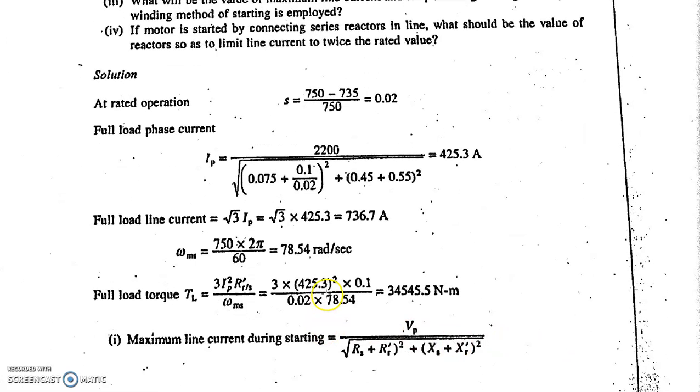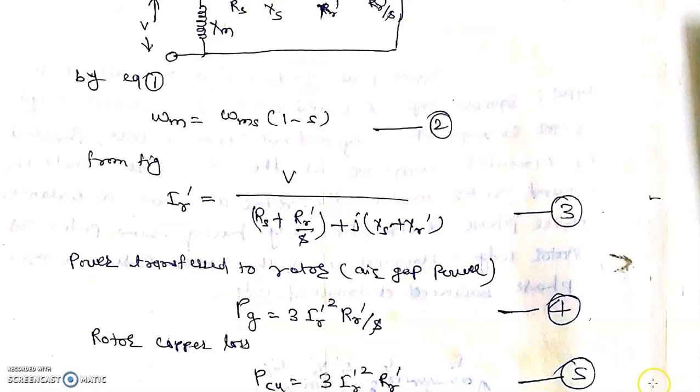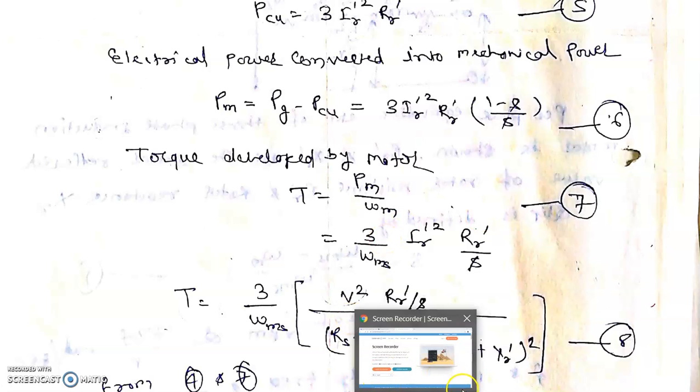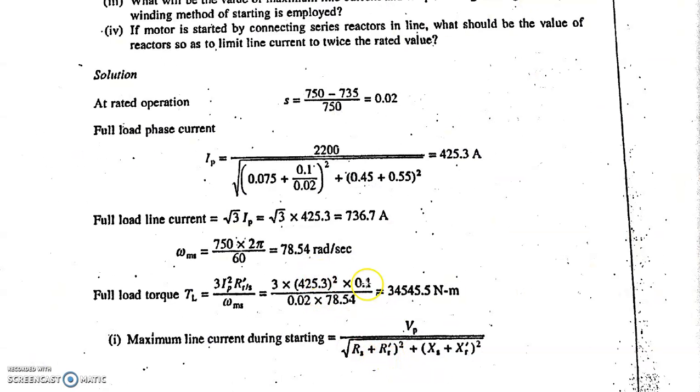And for the full load torque TL, the formula which we have studied earlier is 3 IP square RR dash upon s into omega ms. We derived this formula when we considered IR dash, and the torque is Pm upon omega m, which equals 3 upon omega ms times IR dash square into RR dash upon s. So we use this as the full load torque formula. We put in the values: 3 into 425.3 square, the given RR dash, and omega ms in radian per second. So the full load torque has been calculated.